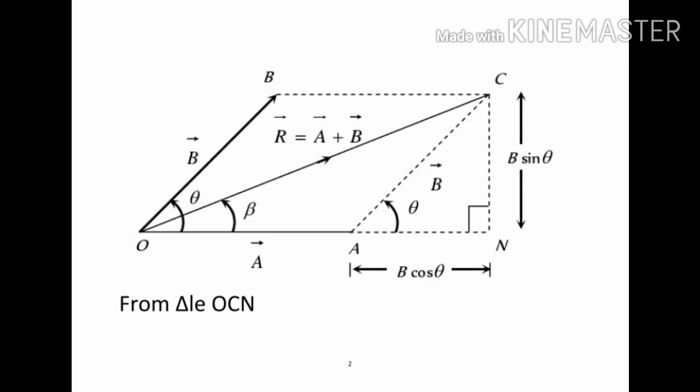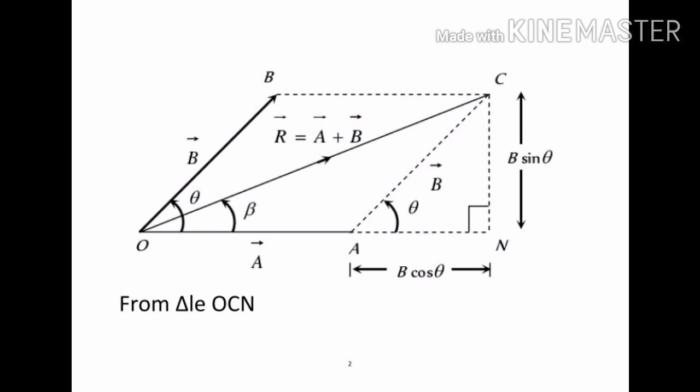In that case, OA indicates A bar and OB indicates B bar, and A bar and B bar are taken as adjacent sides of a parallelogram as shown in this diagram.